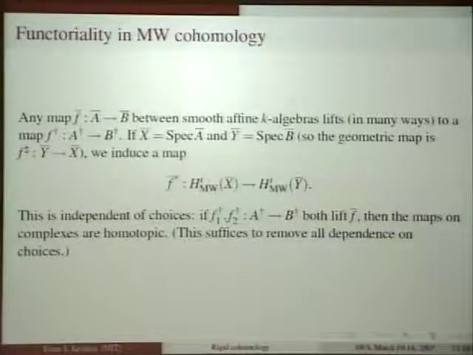If you have some differential dx, it maps to the differential of f dagger of x. So you just extend by linearity the map f dagger, and you get the map between de Rham complexes.